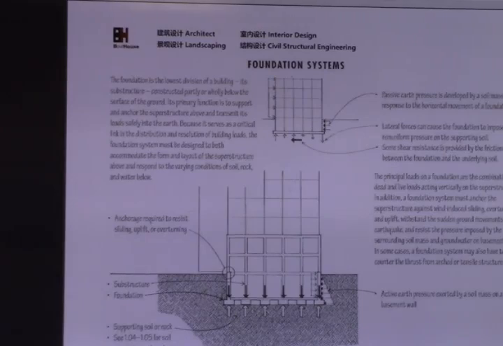There's a simple way to see it: if we have a high rise, they should have the deep foundation because they need the embankment to the earth to resist horizontal loading, seismic loading, wind loading.